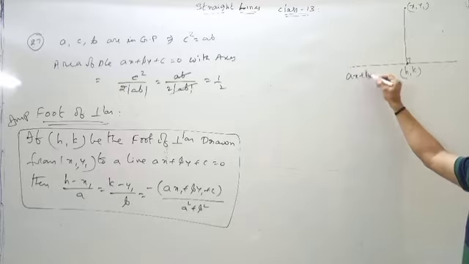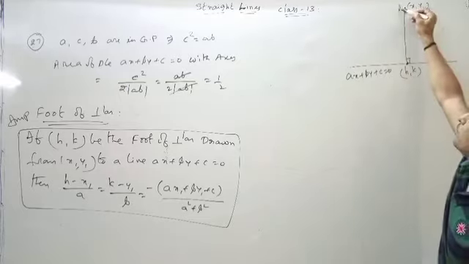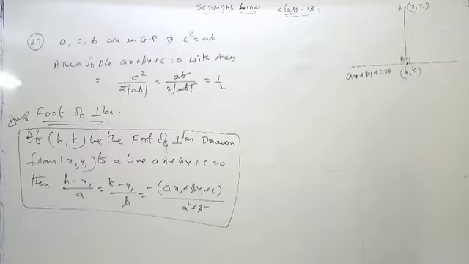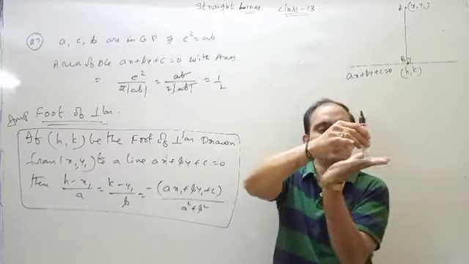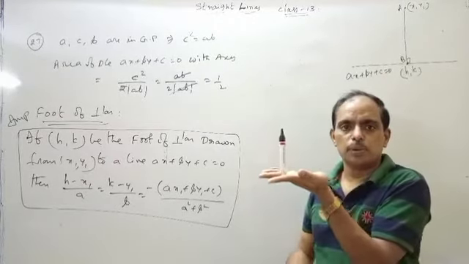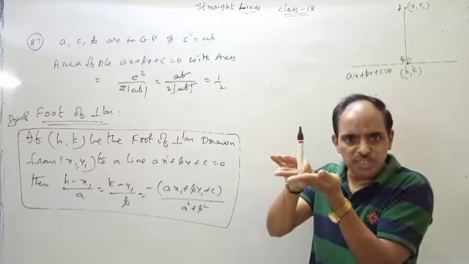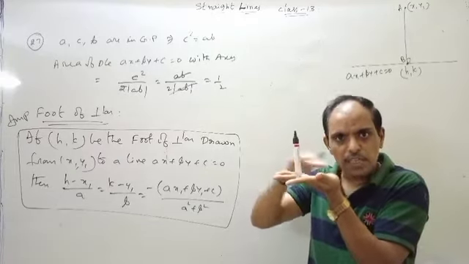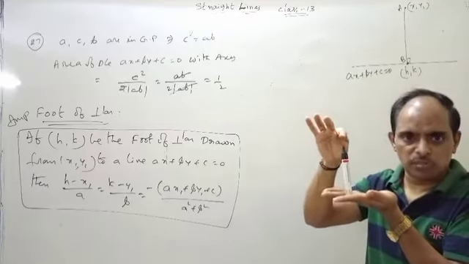This line is ax + by + c = 0. Let this be A and this one be B. This is the perpendicular and the line. This is called the foot. That foot is always on the line only. That is very important.